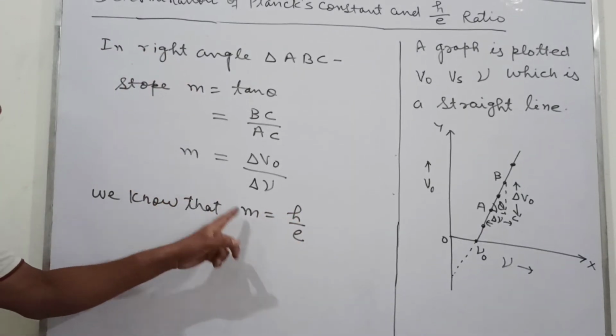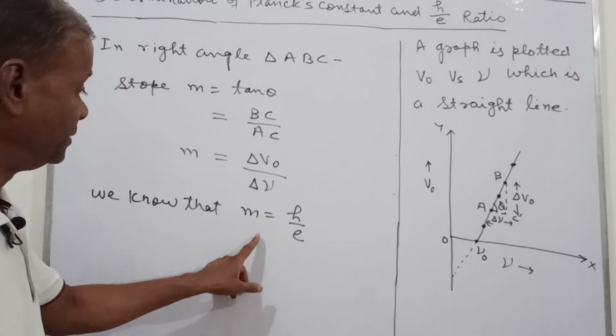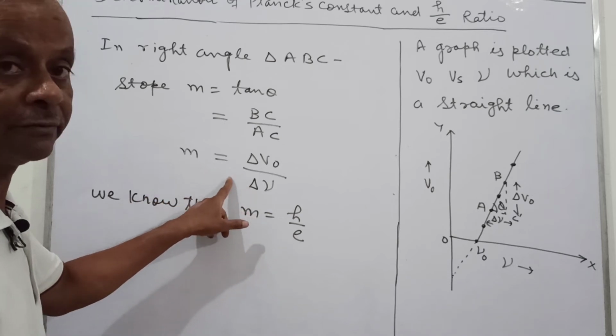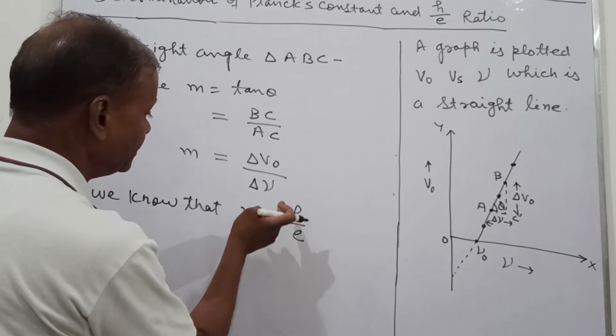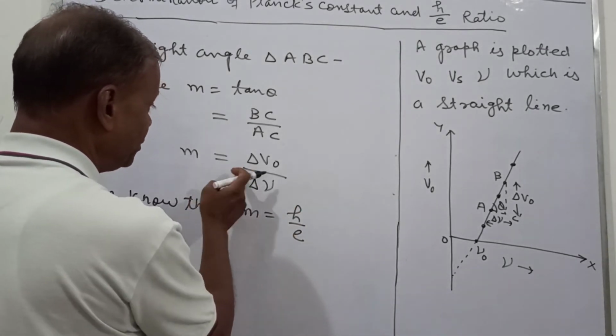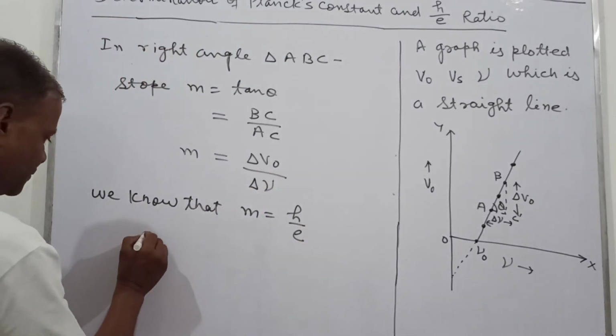So now we have two values of the gradient. This is the experimental value, and this is the theoretical value. So we make these two equal: H upon E equals delta V naught upon delta nu.